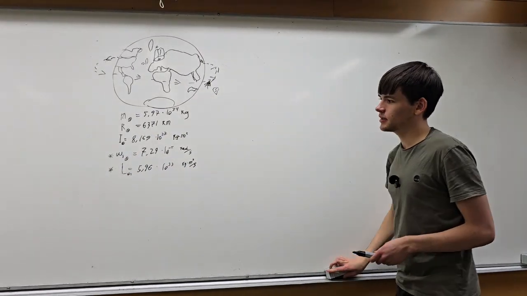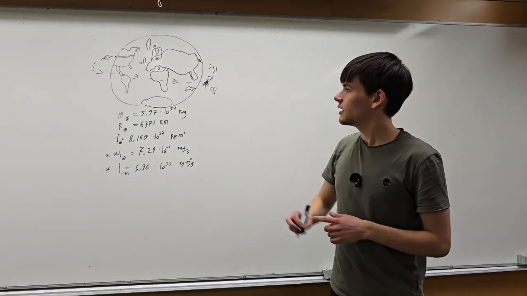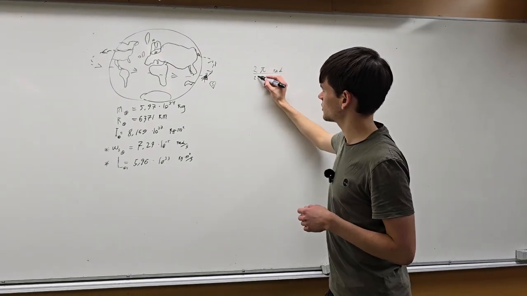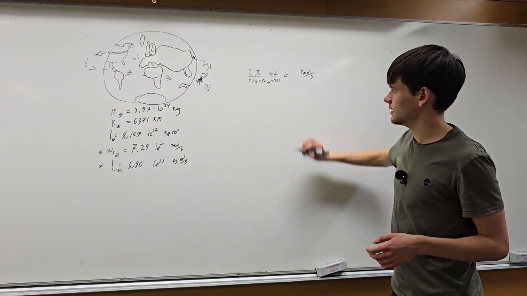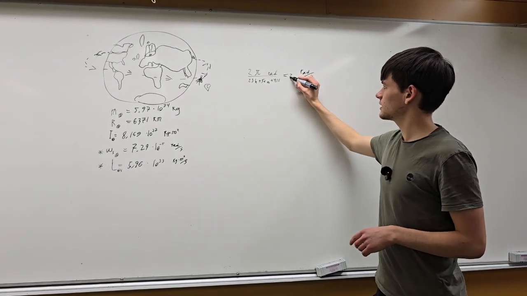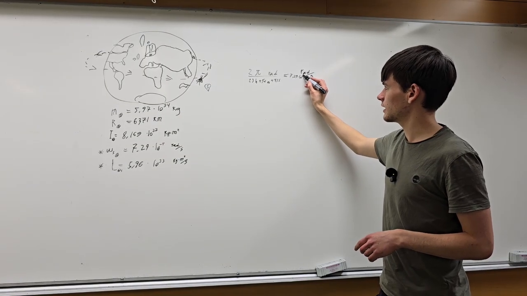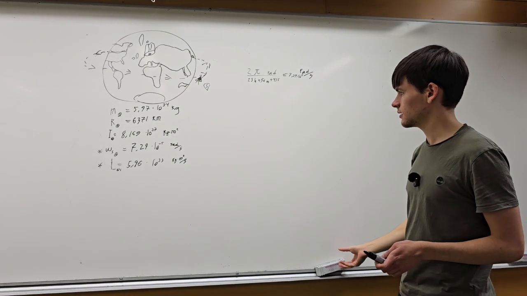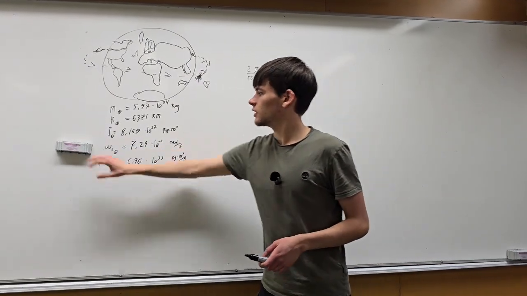The second step is to find the angular velocity of the Earth. Per second, we find that it's 7.29 times 10 to the negative fifth radians per second, which is the constant we see here.